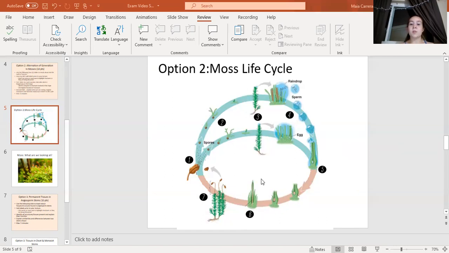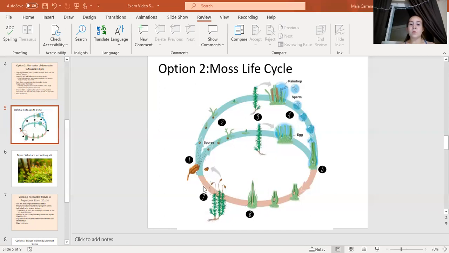And then here in step 6, this is really interesting. It's the young sporophyte that's actually growing out of the archegonium. And now once the young sporophyte has fully developed out of the archegonium, we're going to get these little brown bits.